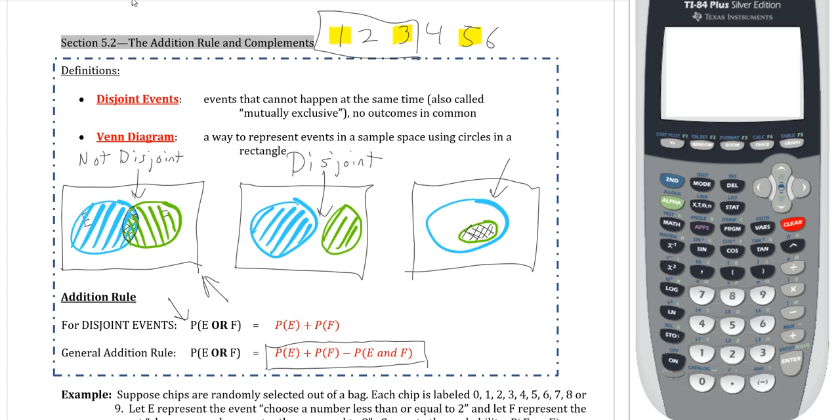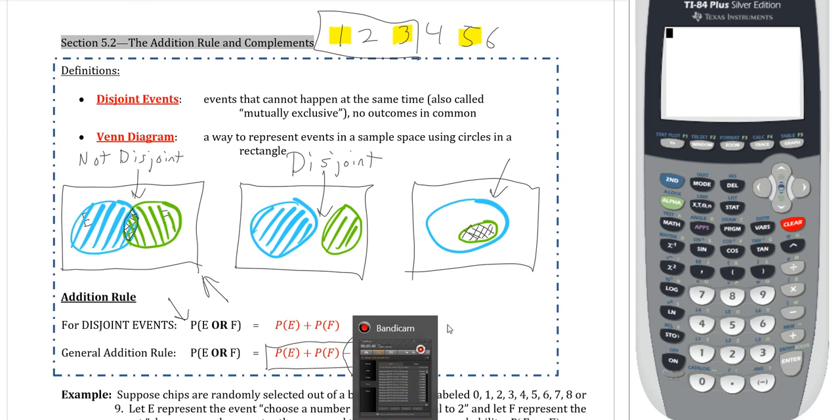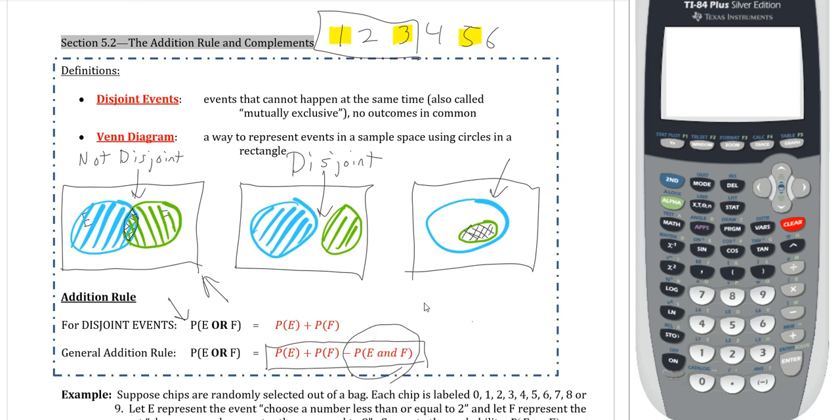In order to adjust for that, what we end up actually doing is instead taking out the probability of both of them happening, which is that middle value there, the center piece. If you take out the probability of both of them happening at the same time, that means you're taking out the one instance of the values being double counted. So you're taking out that middle overlap there.